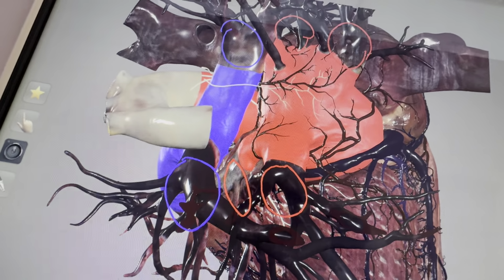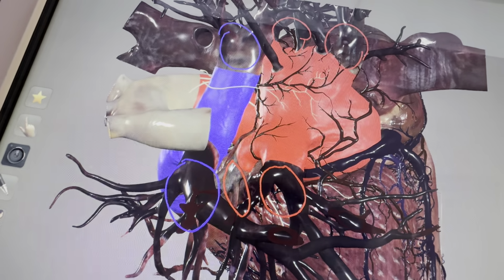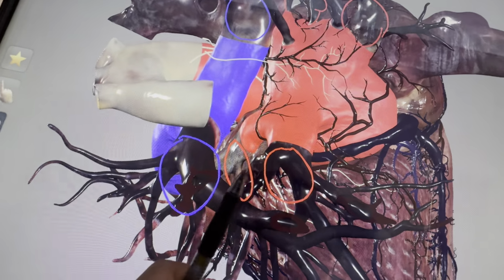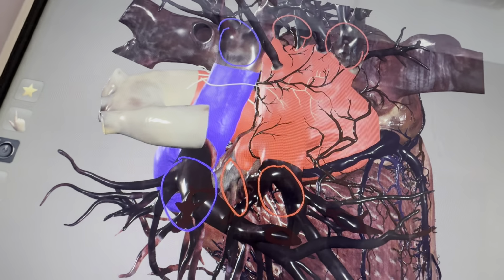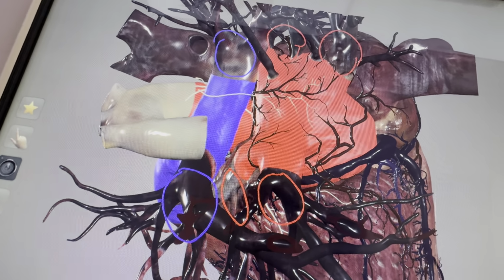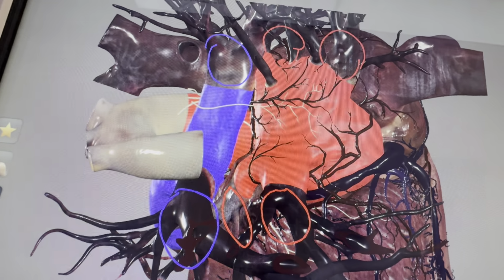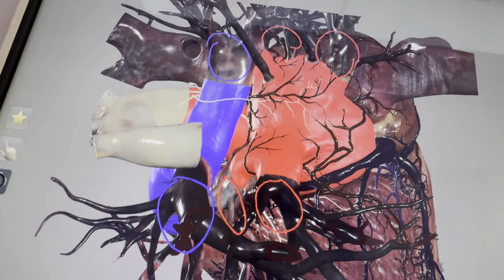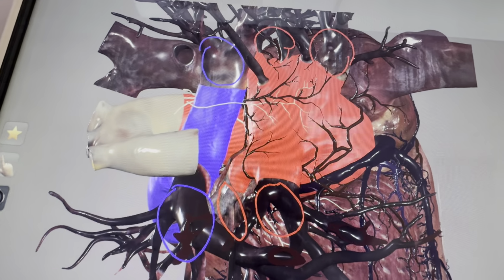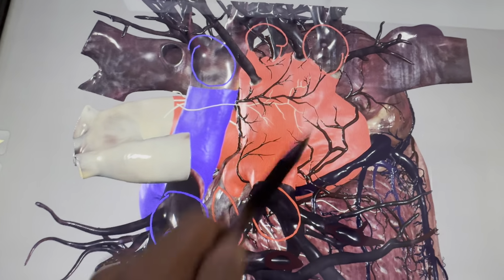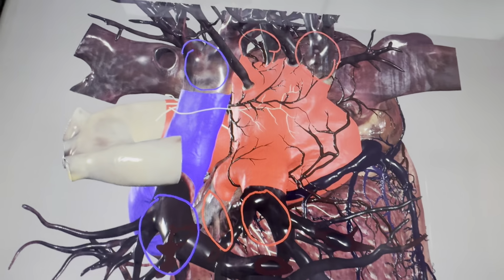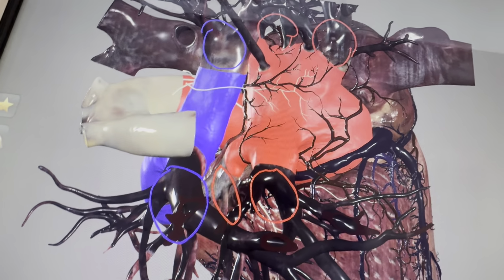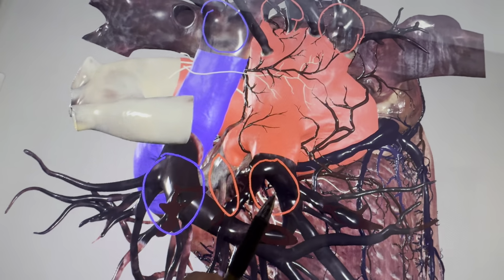Left superior pulmonary vein. Here. Right superior pulmonary vein. Here. Right inferior pulmonary vein. Here. Left inferior pulmonary vein. Here.